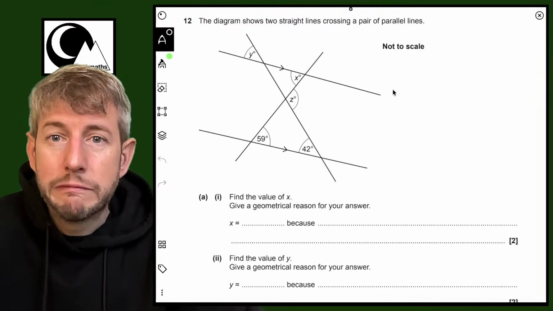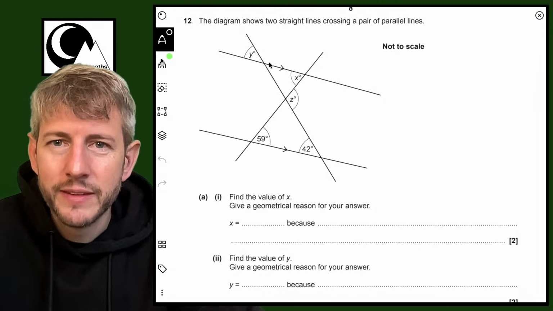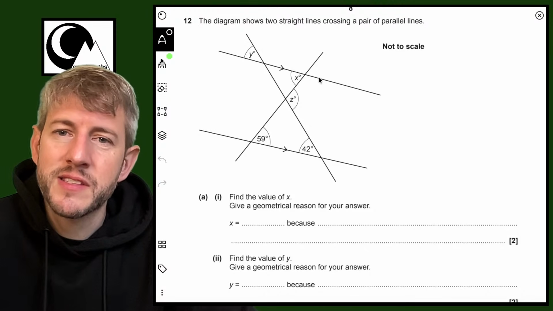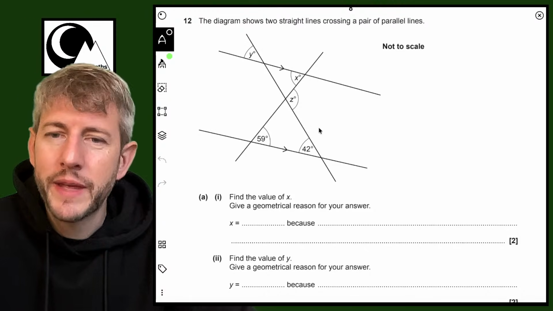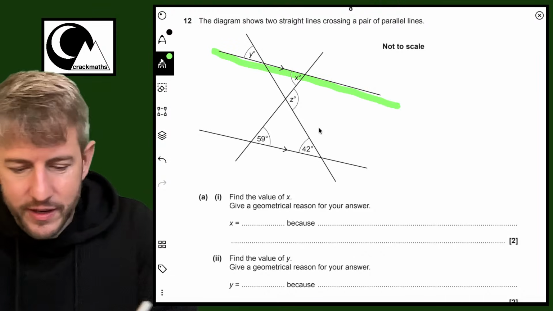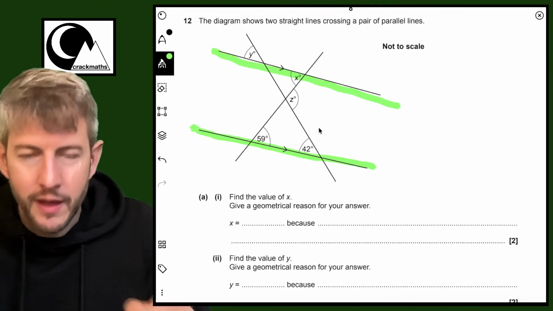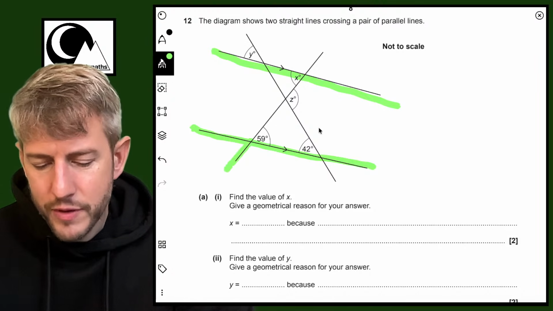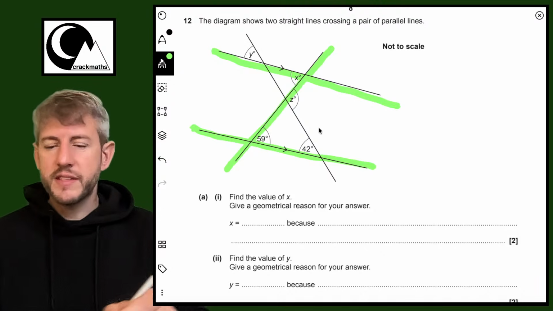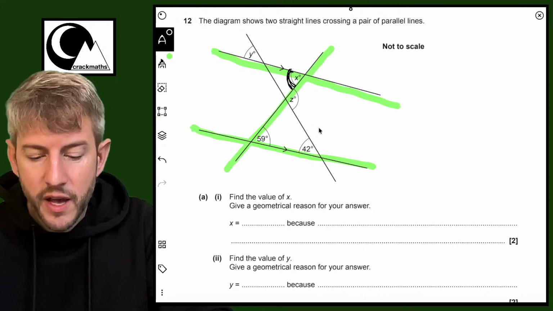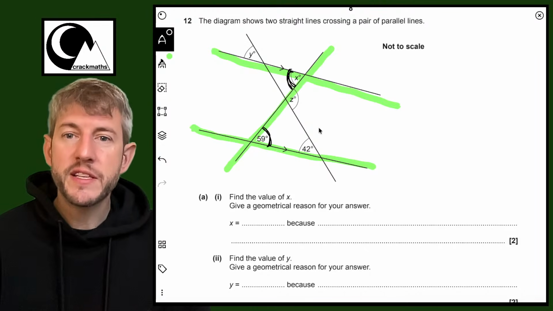Okay, right, so, oh my gosh, what have we got here? Let's just start filling out what we can. Actually, I'm going to highlight the parallel lines here because that's important. And then for this first part, I can see what the answer is. If I draw this line here, we can see that we have this angle here, the x, in an alternate position with this 59.